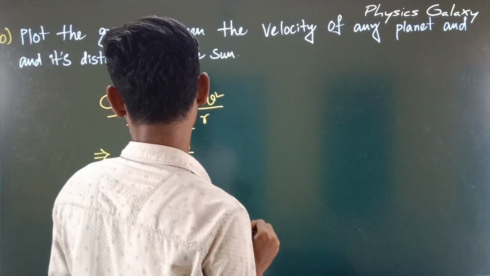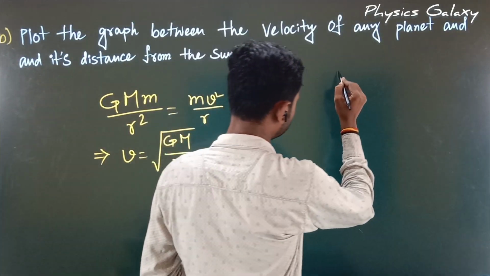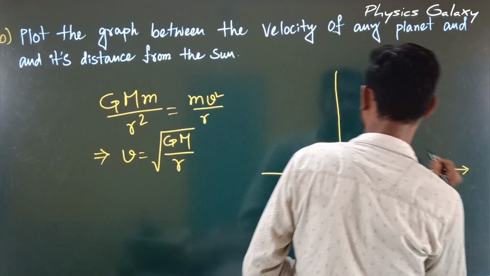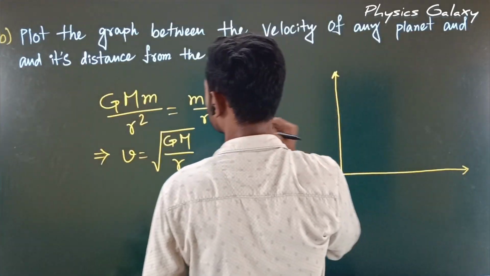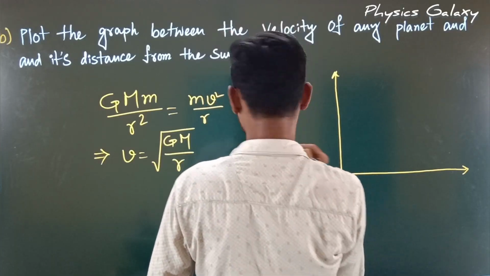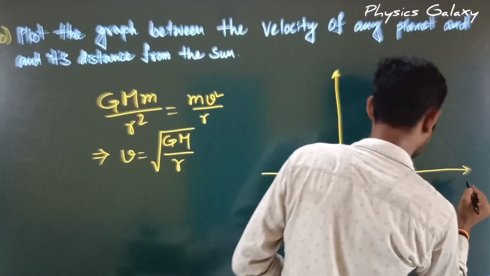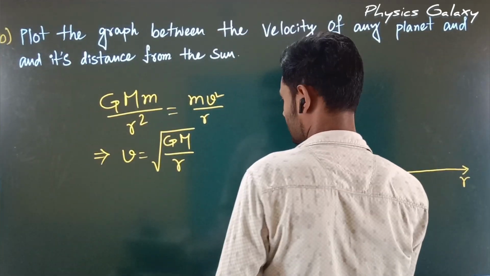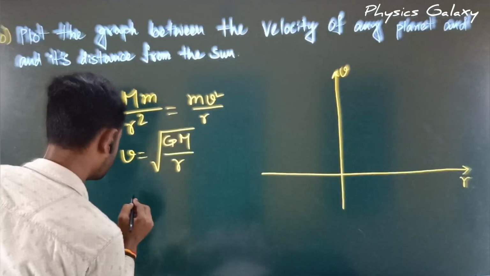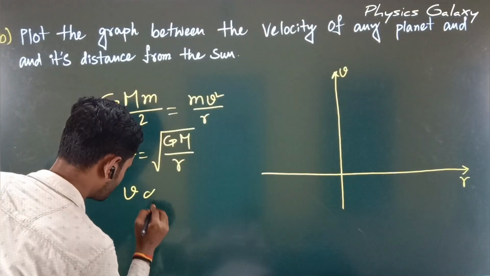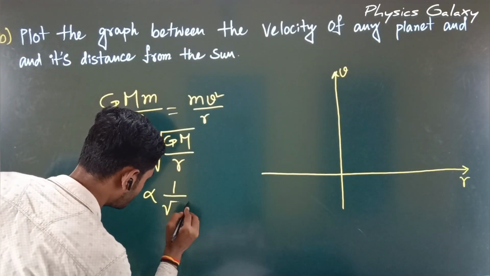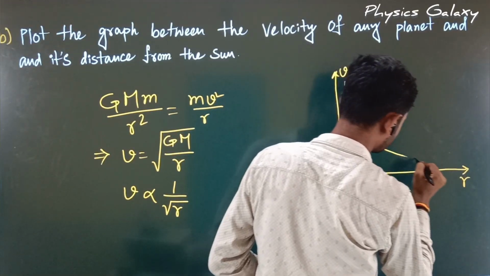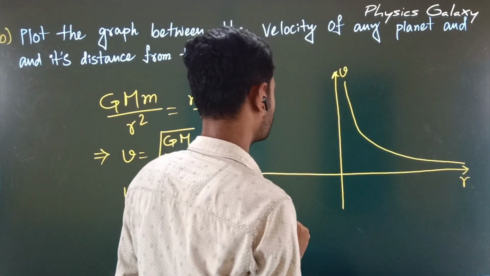Now we can plot the graph of this. In this graph, this axis is r and this is the velocity, and we can get that velocity is proportional to 1 by root r, and the graph of this is something like this.